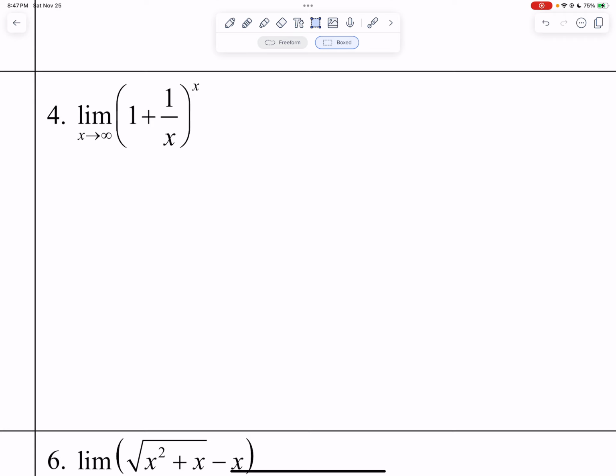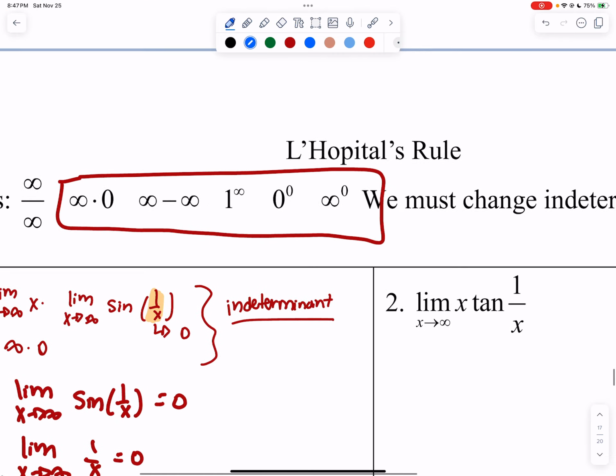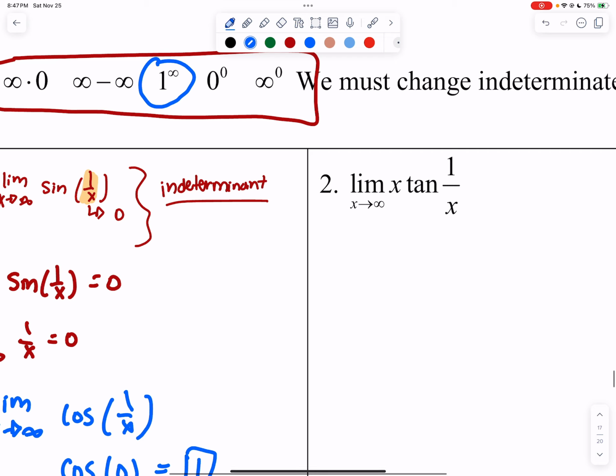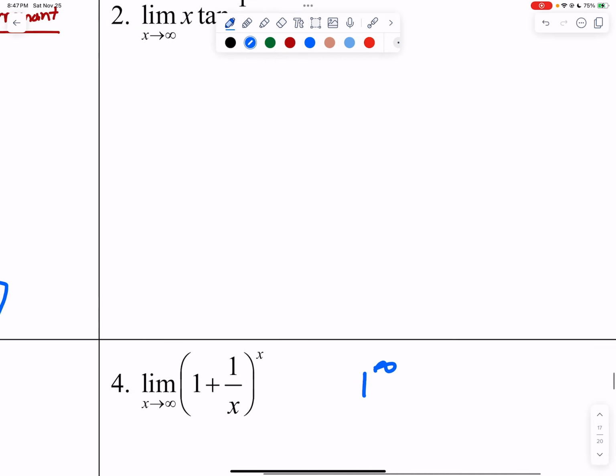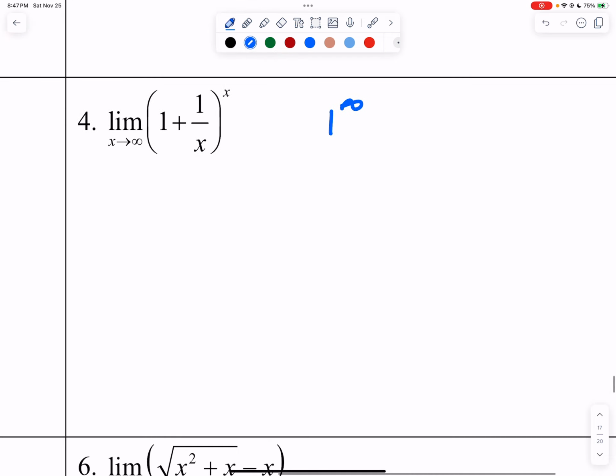But before we do that, we need to see if it's in indeterminate form. If I were to use direct substitution, I have 1 over some very big number, which is just going to be 0 here. So now I have 1 over infinity, and 1 over infinity, or 1 to the infinity, is an indeterminate form.